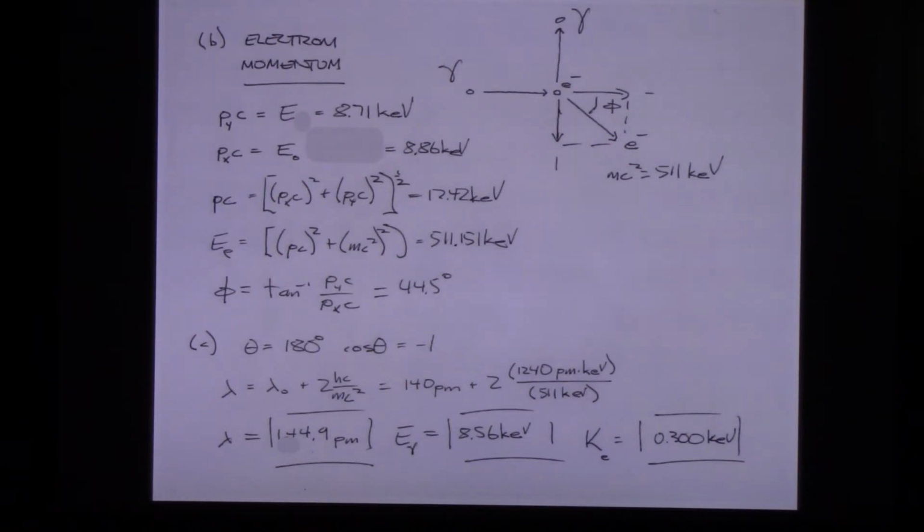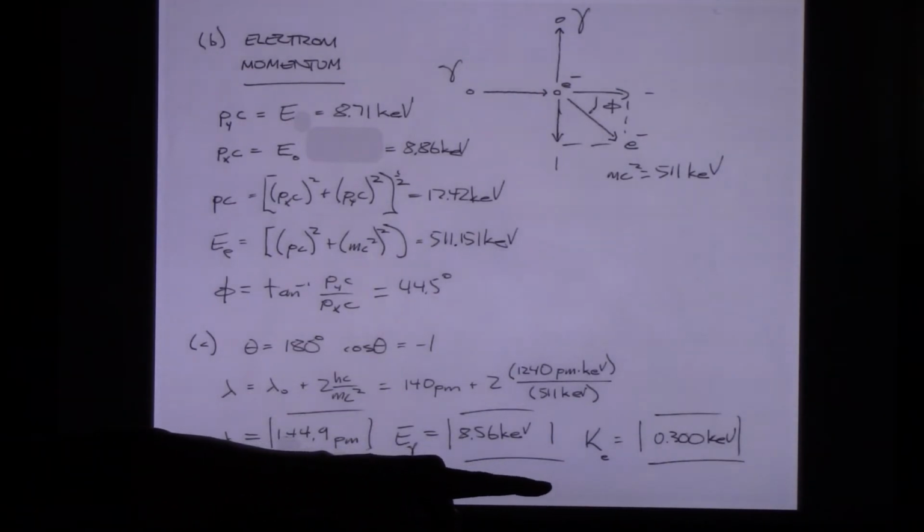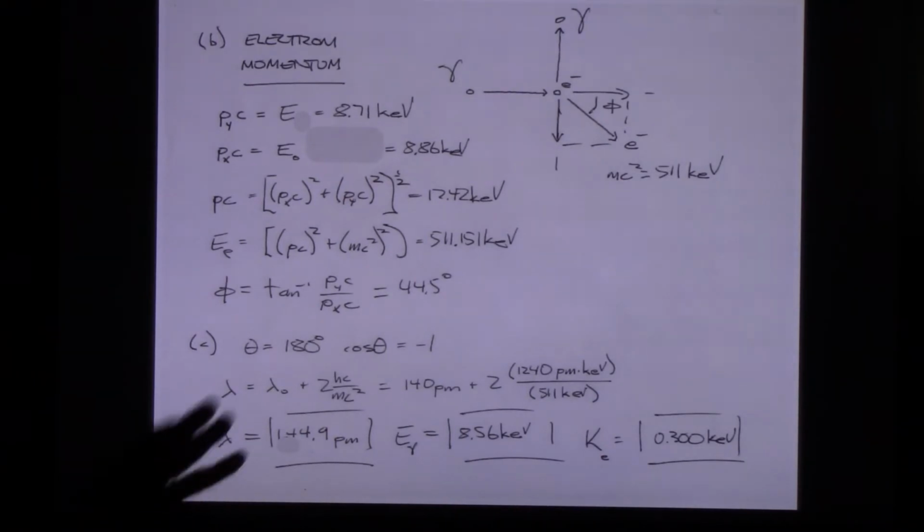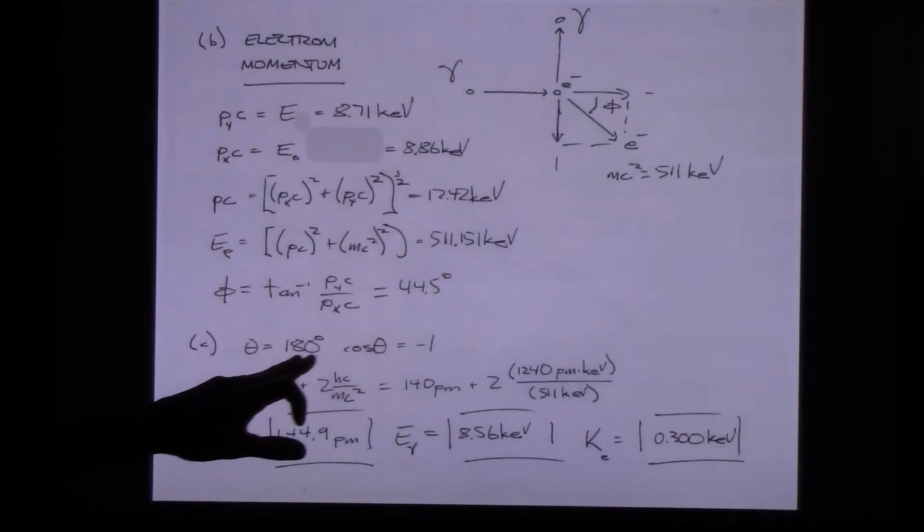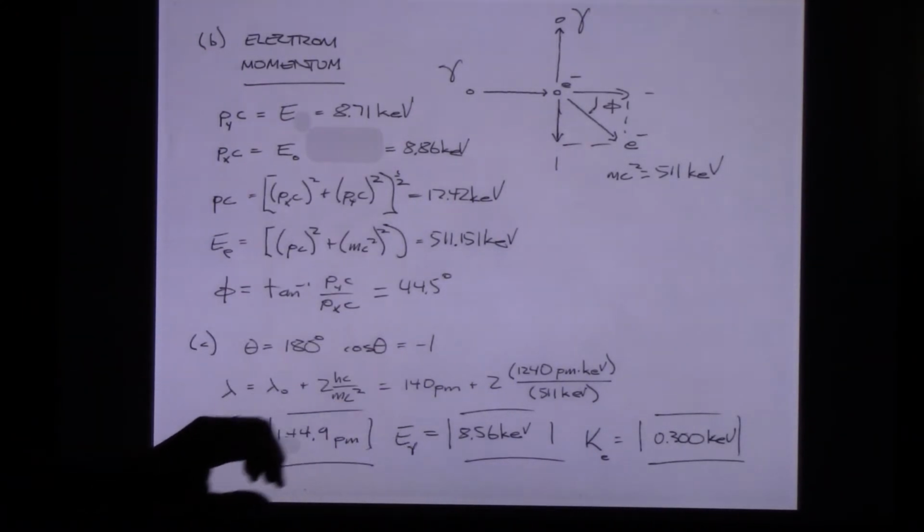That actually should be the way that we would transfer the most energy to the electron. So a direct hit and then the photon bouncing back with the electron going forward. Everything is on the x-axis. There's no y calculations here. Let's try that. So at 180 the cosine theta becomes -1.